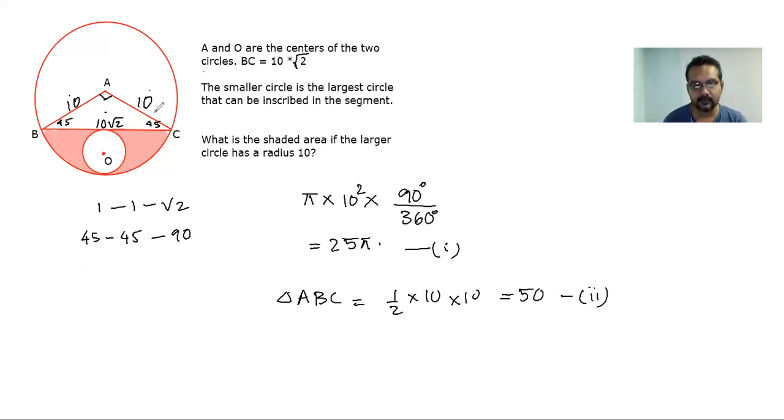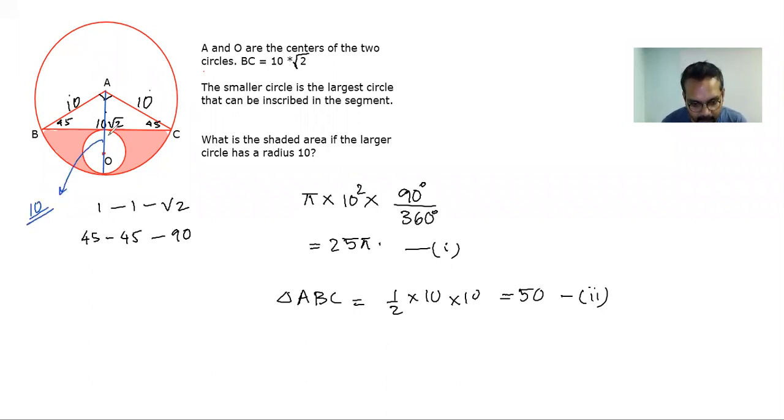And now to figure out the radius of the small circle, what we do is we join this and extend. Now observe that this line which we have just drawn is also the radius of the big circle, right? So this blue line is actually 10.